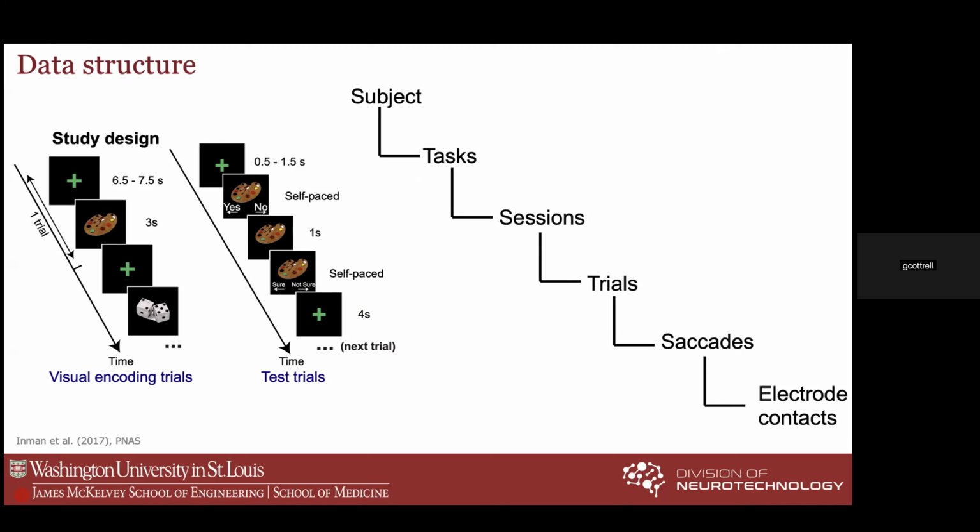There could be multiple saccades happening within a trial, and we report the saccade-related evoked potential across electrode contacts during one saccade. And each saccade-related evoked potential is labeled either remembered or forgotten, depending on the testing result on the next day. Here we just focus on saccade-related potentials during the encoding phase.